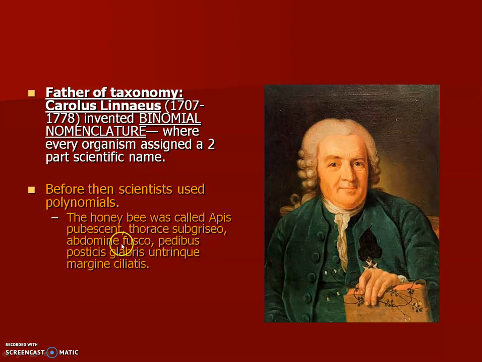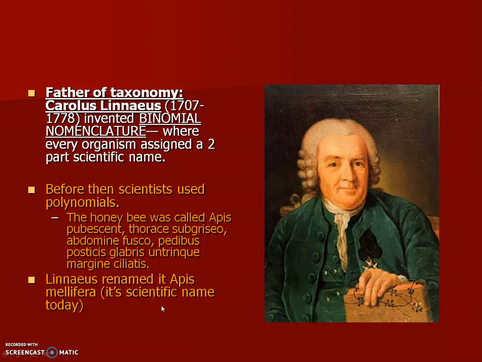This probably means little hairs on the margin of its abdomen, something like that. And different scientists looking at the same organism would give it different big, long polynomials.